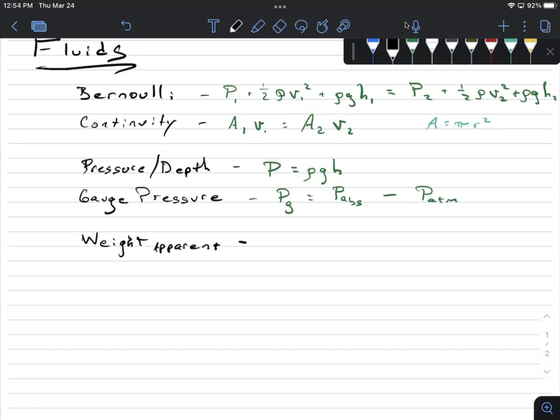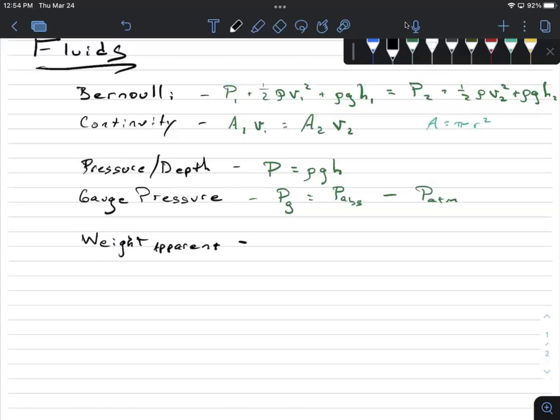If you remember the picture, an object is underwater, the object has a certain size, and so the top of the object is at a different depth than the bottom, which means the bottom of the object has more pressure than the top. So if the bottom feels more pressure than the top, there's more force pushing up on the object than there is pushing down on it. And so there's some extra force trying to lift the object up. Sometimes it's enough to make it float, sometimes it's not, and thus the object sinks. But whatever it is, there is some buoyant force.